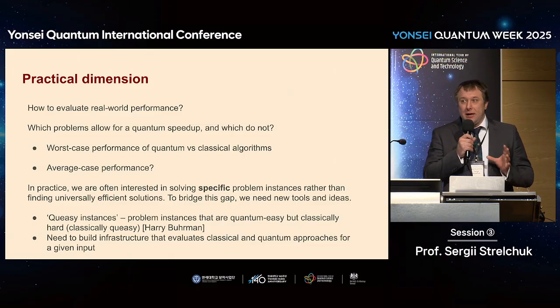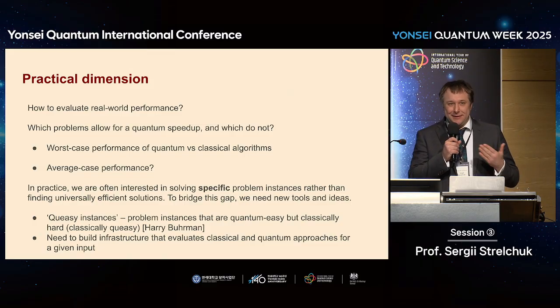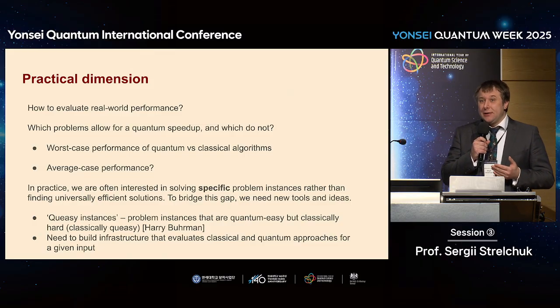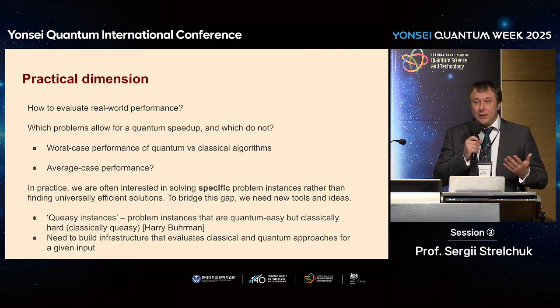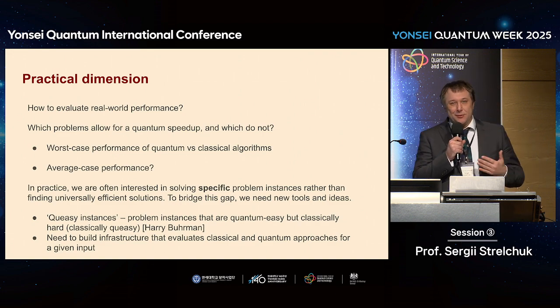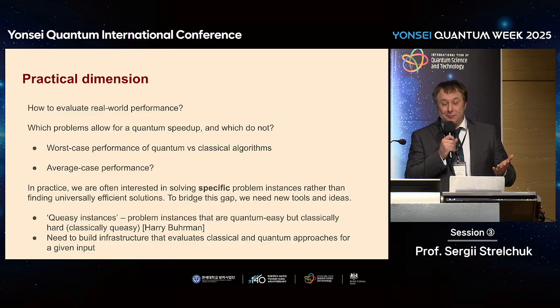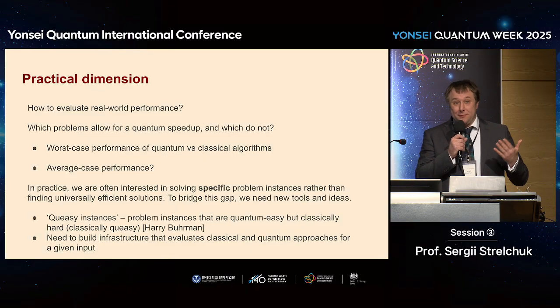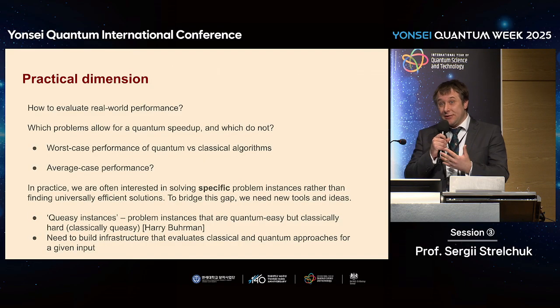One has to think about how we evaluate these instances and inputs. One has to build a special type of pipeline where you have your input, you have your classical algorithms acting on these inputs, and you have your quantum algorithms, a variety of them, acting on these inputs, and then look at the solutions in total.